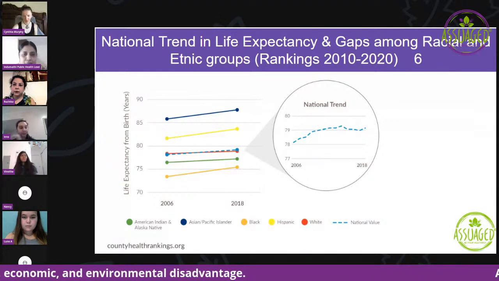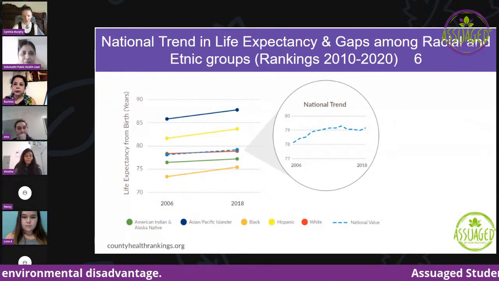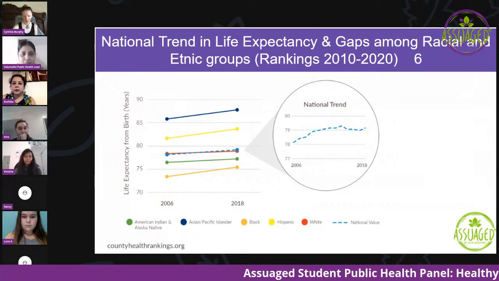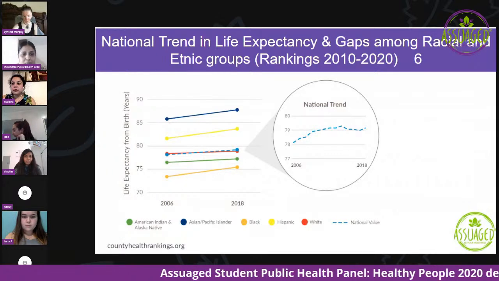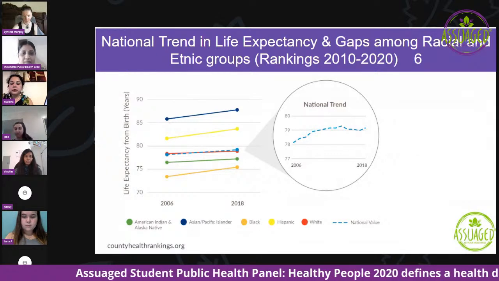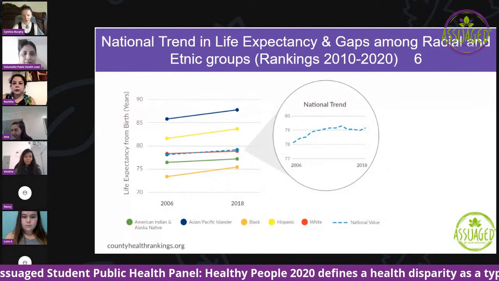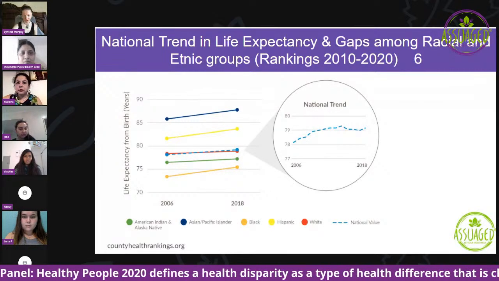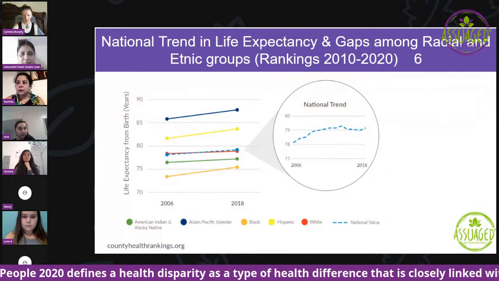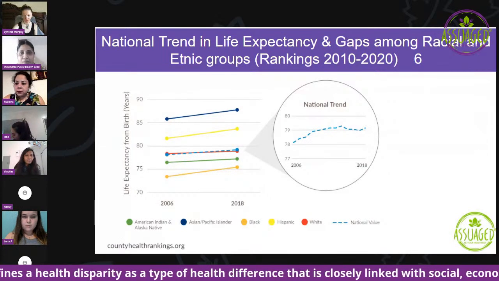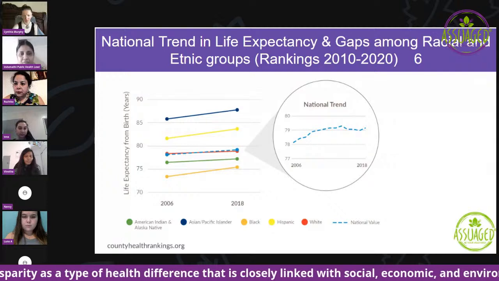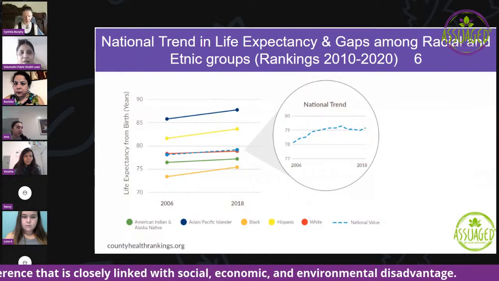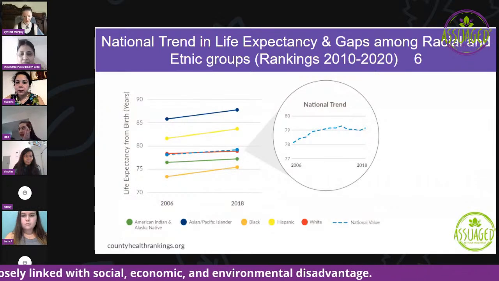When you check the other racial groups, the American Indian, Alaska Native, and the Asian Pacific Islander, they are yet to catch up. They are actually below that level. The blue and the yellow lines are below that level, and we can see they are not improving much, and the health outcomes and the life expectancy are not the same across all the racial and ethnic groups.